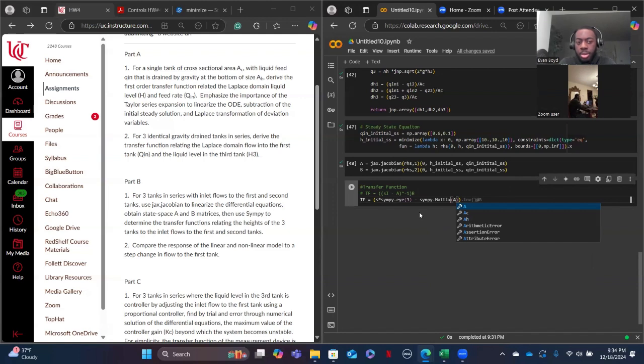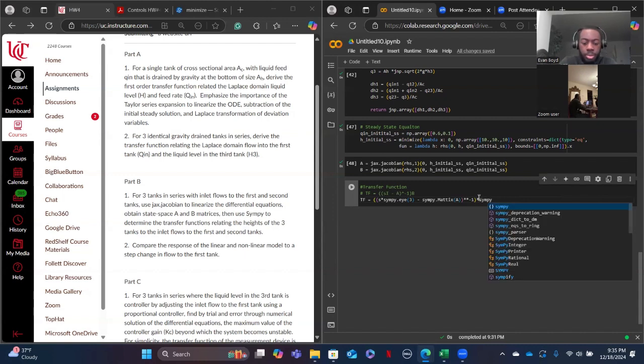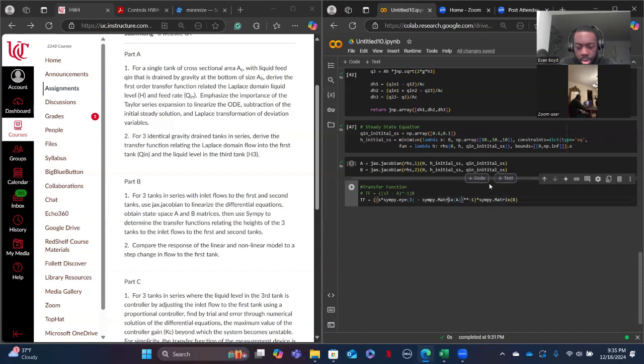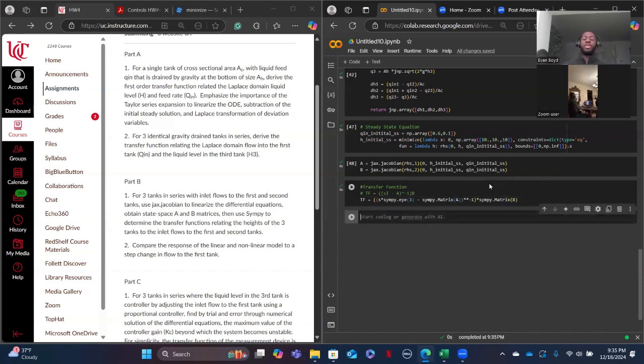So we had to run this as matrices for A and B. So SymPy matrix of A, and then this is all to the negative first power, and then we multiply this by the matrix of B. I spelled matrix wrong. Okay, shift enter. Perfect.